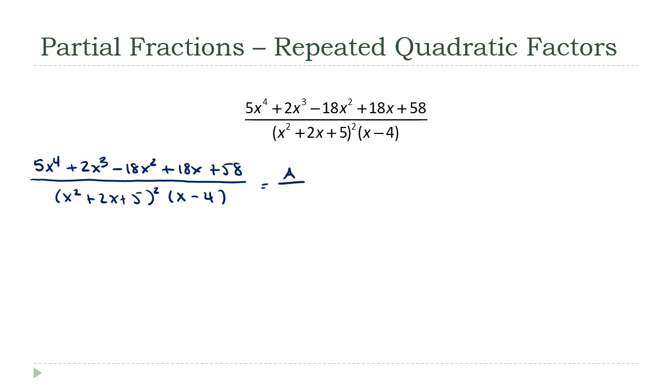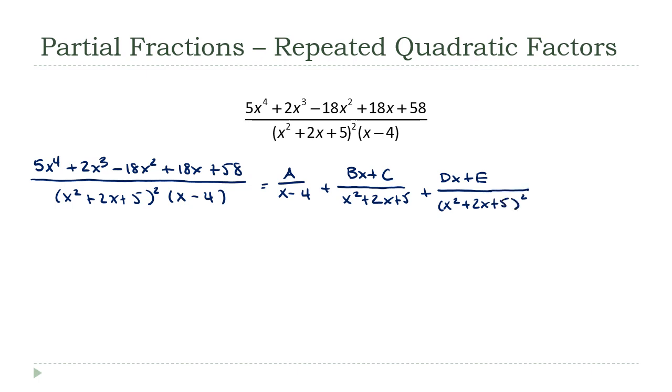It's A over x minus 4. Plus, now I'm going to deal with that quadratic factor. Like I said, I'm going to do this the exact same way we did when we had repeated linear ones. I'm going to do Bx plus C over x squared plus 2x plus 5, plus Dx plus E over x squared plus 2x plus 5 squared.